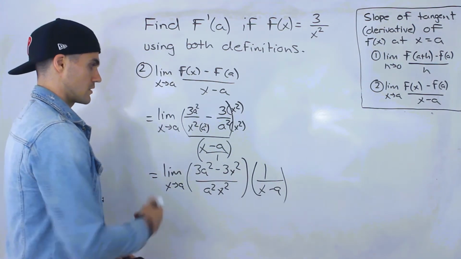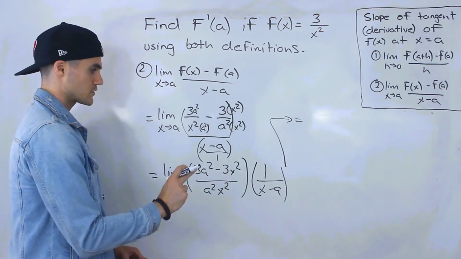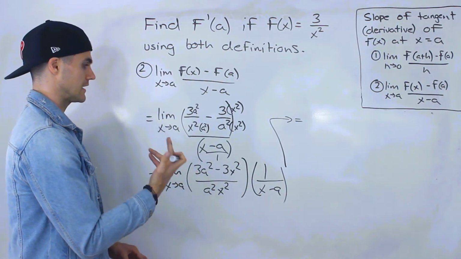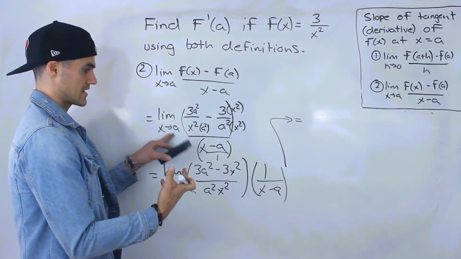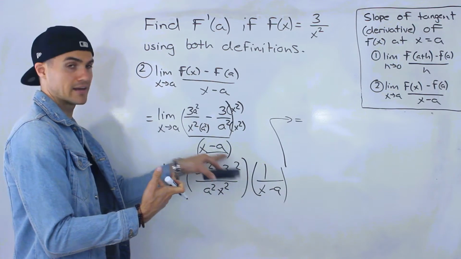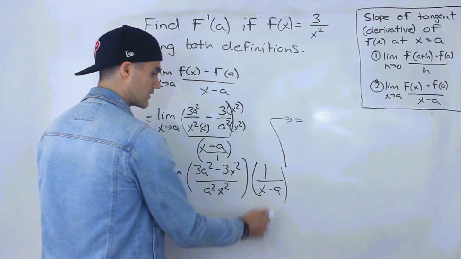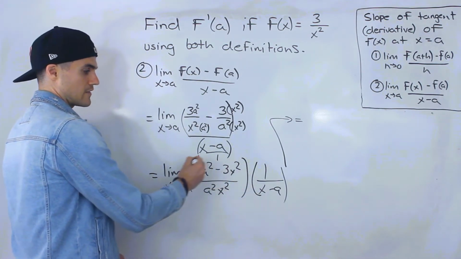So continuing this up here, notice first how, I forgot to mention this initially, notice how we can't plug in an x value of a as x approaches a because we'll have a minus a, which would give us 0 in the denominator. So we got to get rid of this factor here somehow. And what we want to do is we actually want to simplify this numerator.